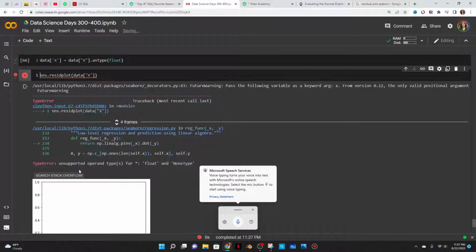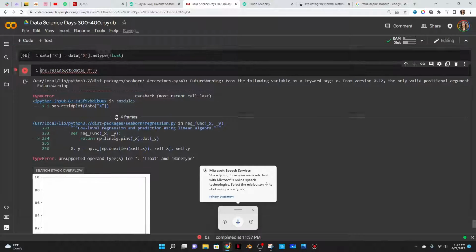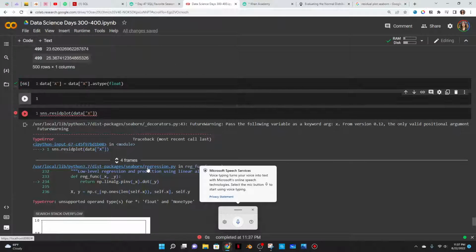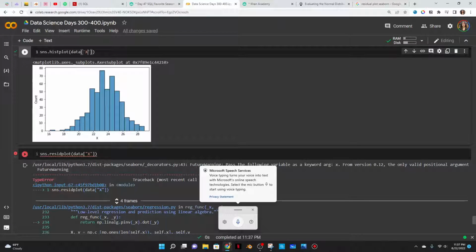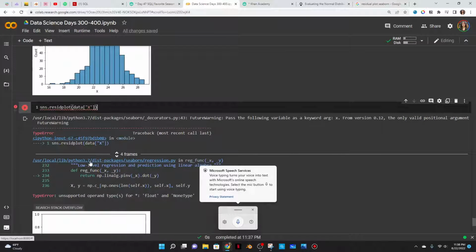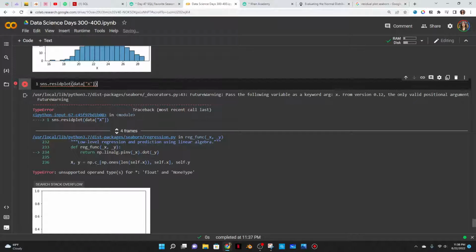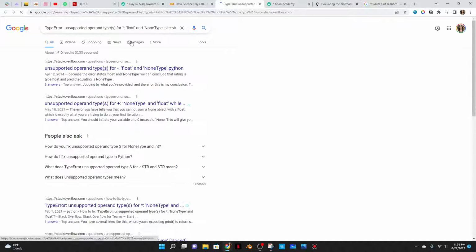Okay, still saying the same weird thing. So then let me see if I could do sns dot histplot and then data x. That works. So why doesn't this work? Does it not take floats? What are you doing there? Get out. Okay. Let's see.